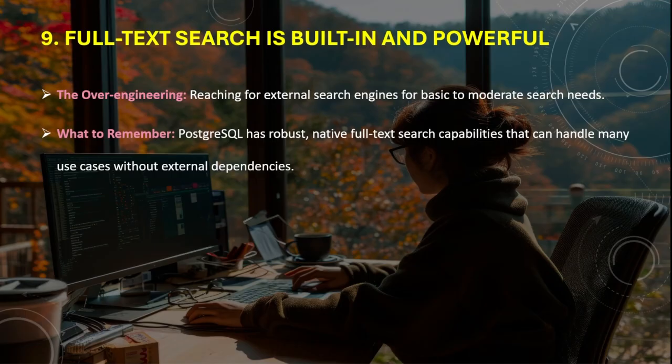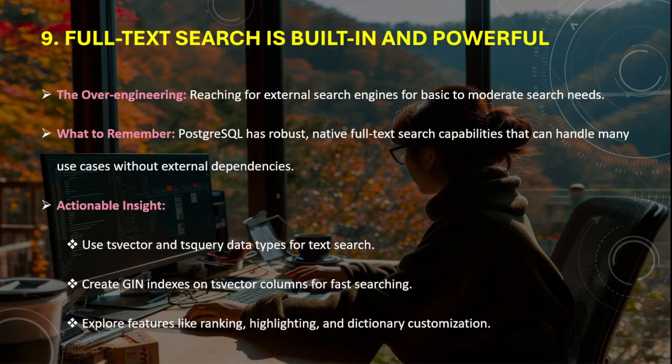It can handle stemming, ranking, and even highlighting. You create a tsvector column, index it with a GIN index, and query it with tsquery. For many applications, this is more than enough and saves you the complexity of managing a separate system for full text search capability.